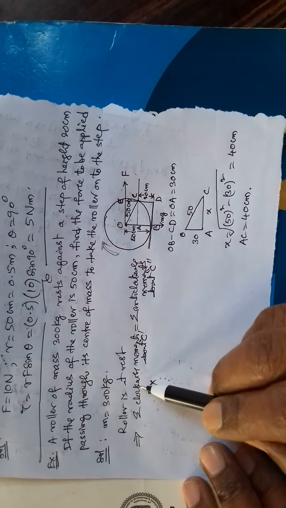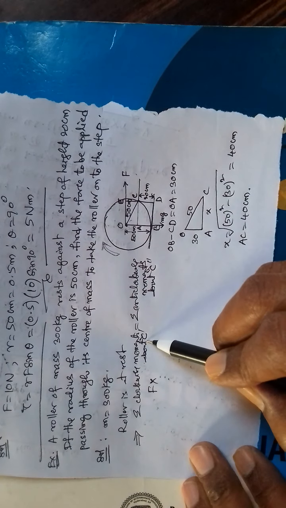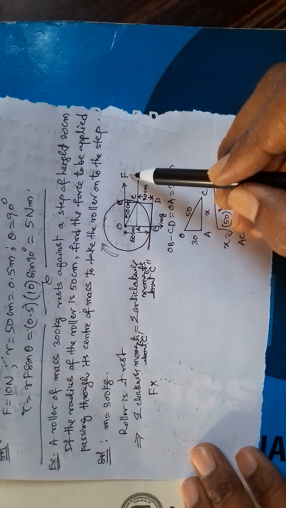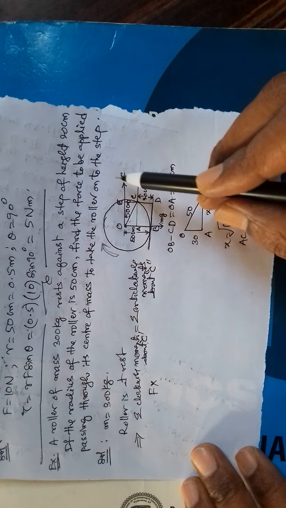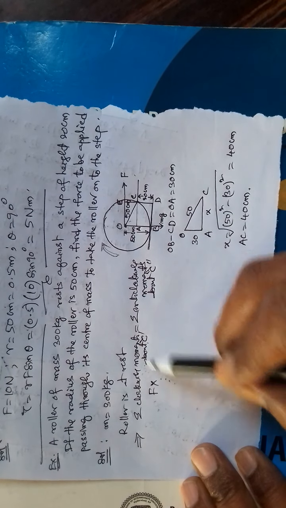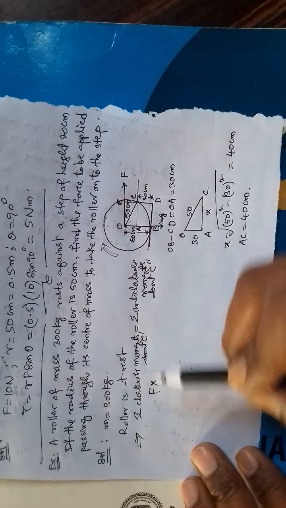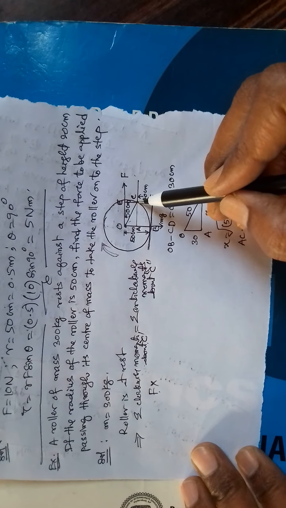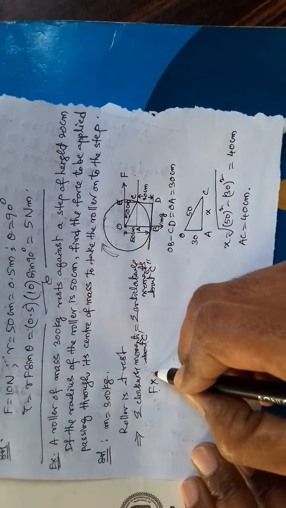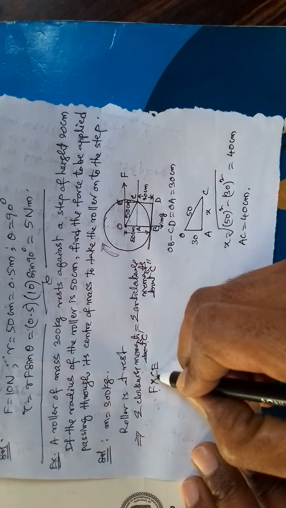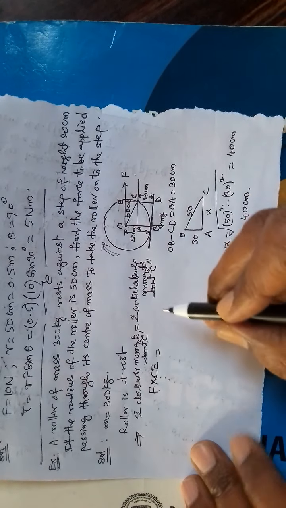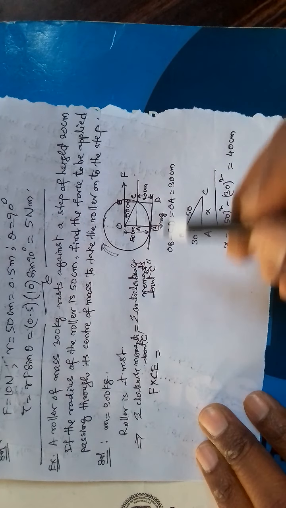Now sum of clockwise moments about C: only one force is there producing clockwise movement. So moment is equal to force into perpendicular distance. Force into, from C the perpendicular distance is this CE. CE is equal to. Now anti-clockwise moments.